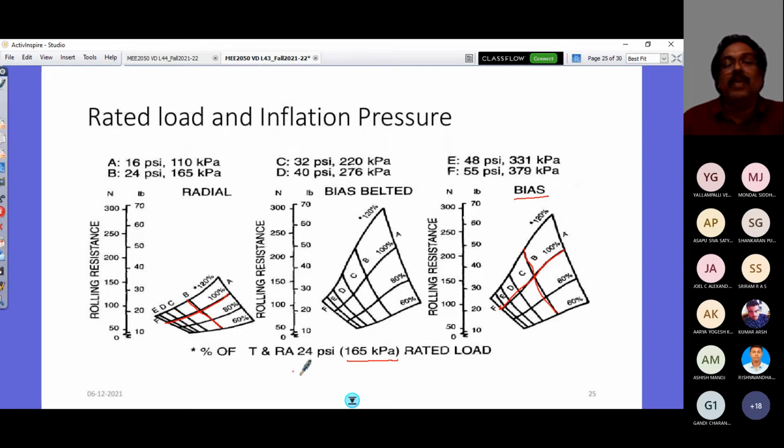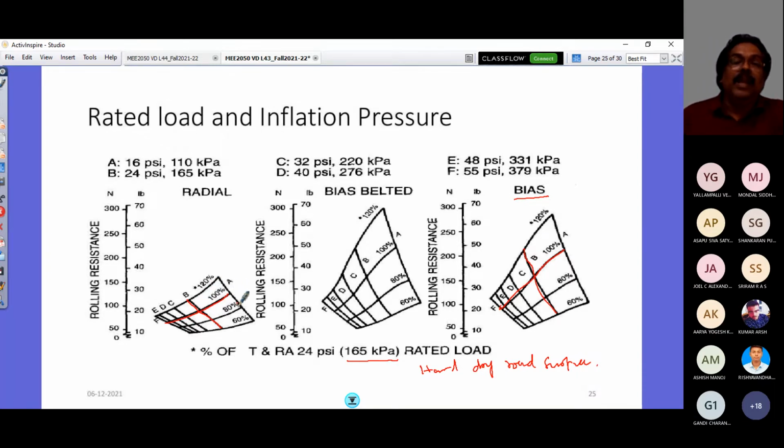So this is on a hard dry road surface, right? If I decrease my inflation pressure, then my rolling resistance force increases. That means there is more contact patch, and the offset distance will be more at the lower inflation pressure.